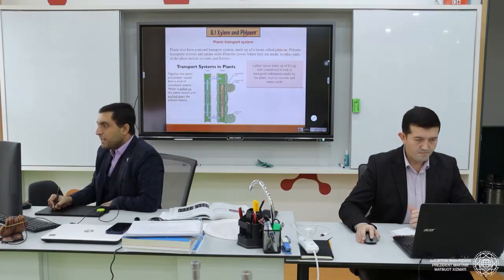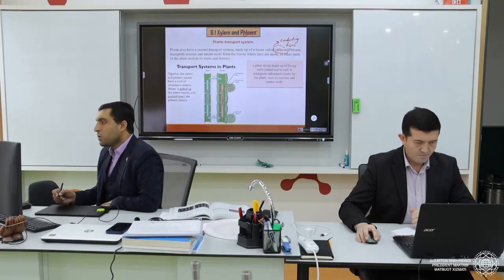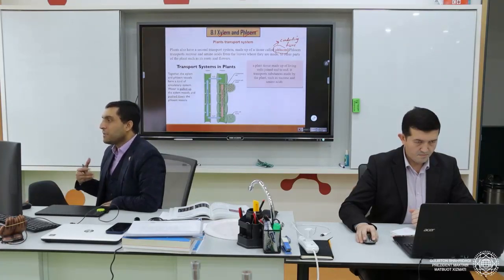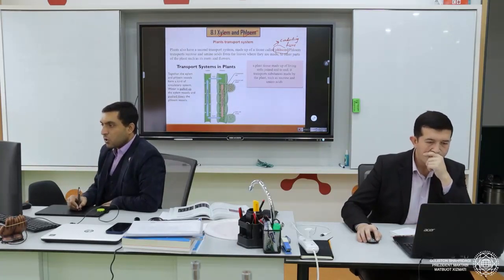Phloem is basically another type of conducting tissue. We also call it transport tissue, because it is responsible for the transport of different materials in plants. So it transports what? Sucrose.